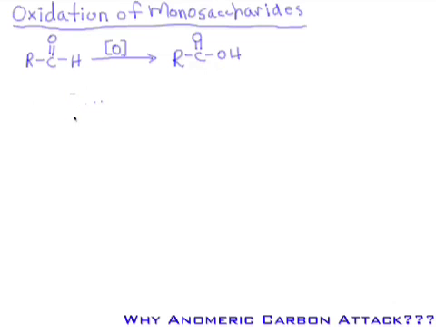Well, it turns out that the oxidizing agents that can be used to oxidize an aldehyde to carboxylic acid are very mild oxidizing reagents. Our oxidizing reagents can be silver with 2 ammonias attached to it, plus in hydroxide base.